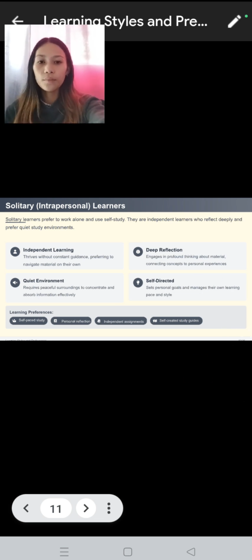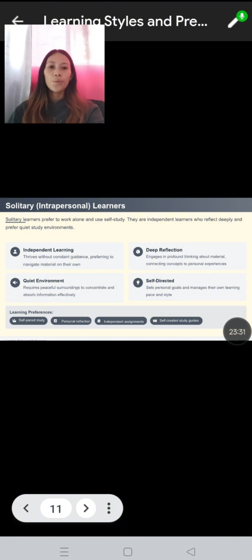So, we have learning preference. These are the types of study methods that work best for solitary learners. We have self-paced study, being able to move as fast or as slow as they need to. Next is personal reflection. Time set aside just for thinking deeply about what they have learned.